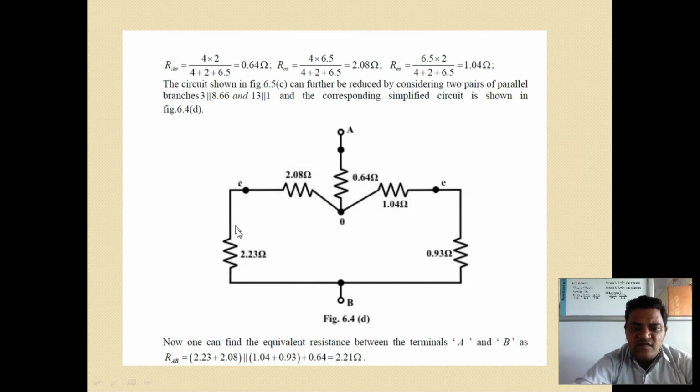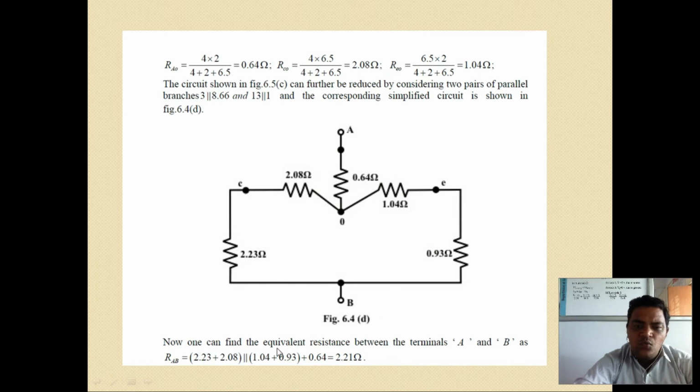Two resistances are connected in series, and again these two resistances are connected in series, and these two branches are connected in parallel. We find this equivalent resistance first, and it comes in series with 0.64 ohm.